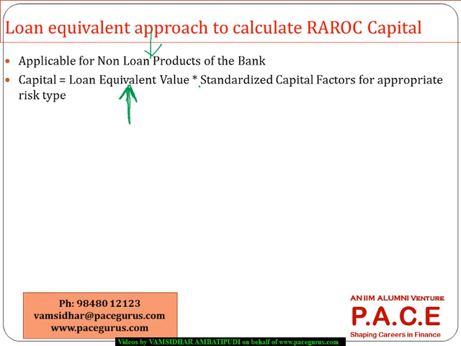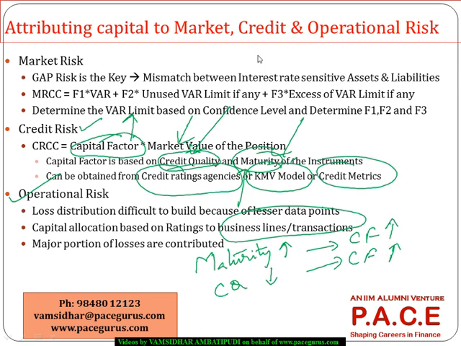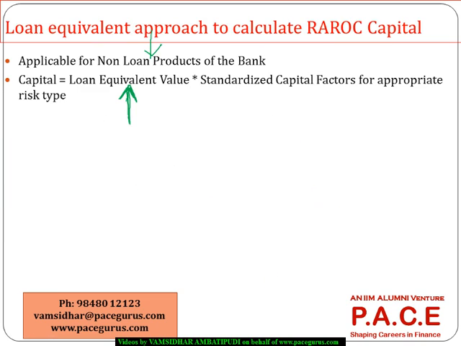So you would be trying to find out the loan equivalent value. Then we compute the risk factors, the capital factor in case of credit risk. Depending on what risk we are trying to compute, we do the allocations by considering the appropriate standardized capital factors, and you multiply it with the loan equivalent value.